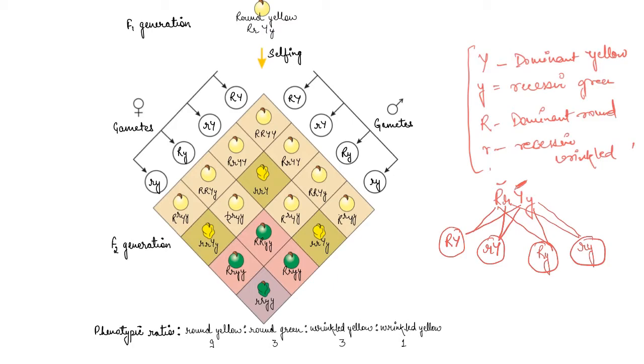So you'll see these four here, and these four here as well. Now we'll see the crosses. If you cross this and this, you will get all capital. Now you'll cross this with what? Again this.